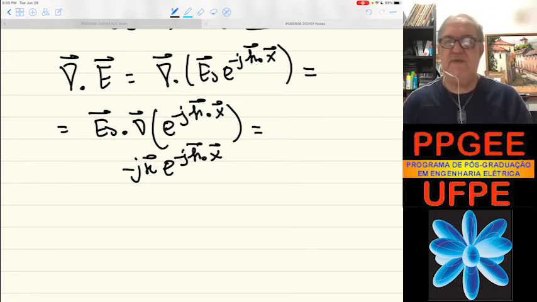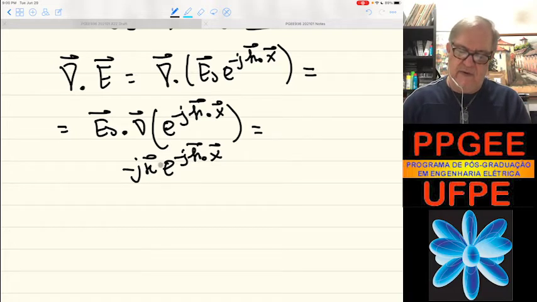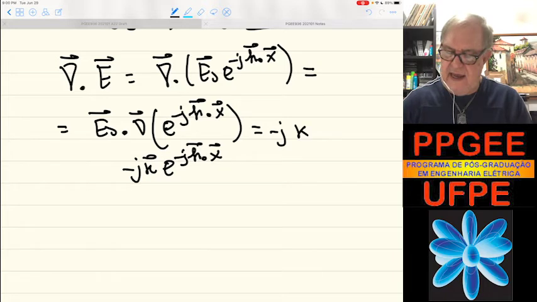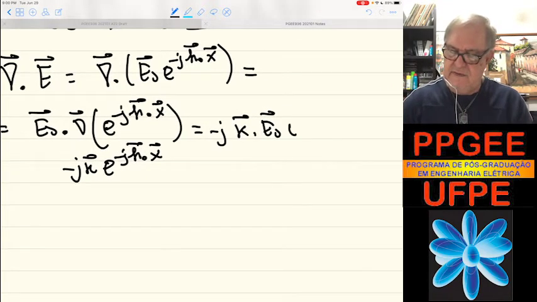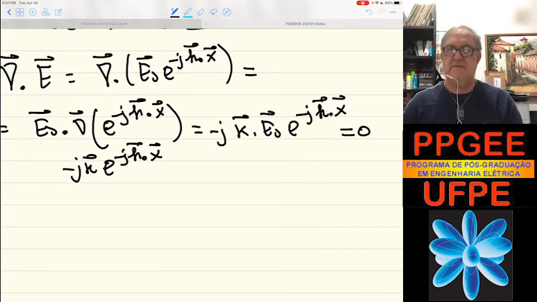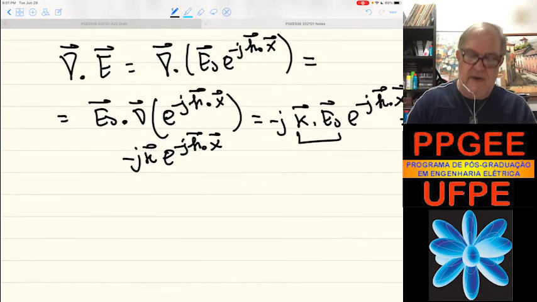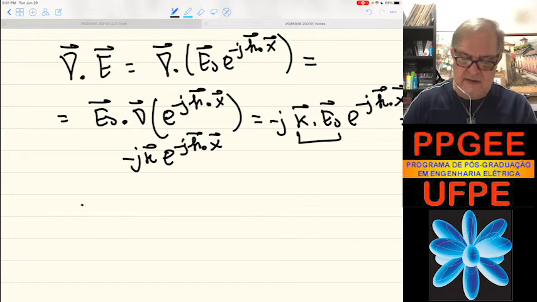I think I asked you to do that in the first homework, so I hope you remember that. So it equals minus j k dot E0 times the exponential, and this equals 0. So it means that this dot product is 0. We are talking about real vectors. k is a real vector.